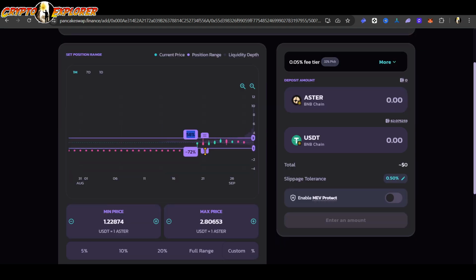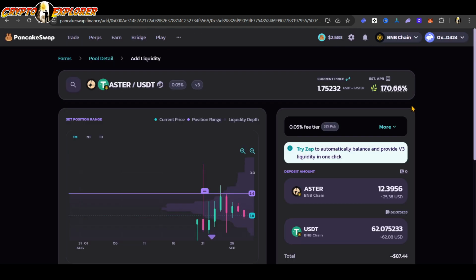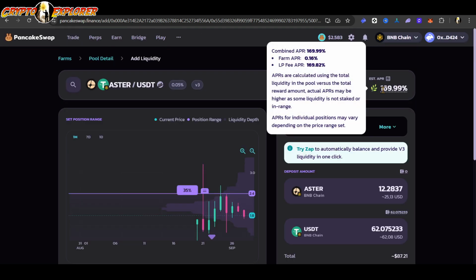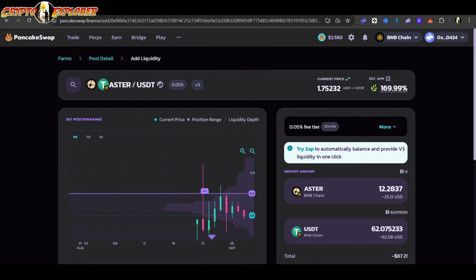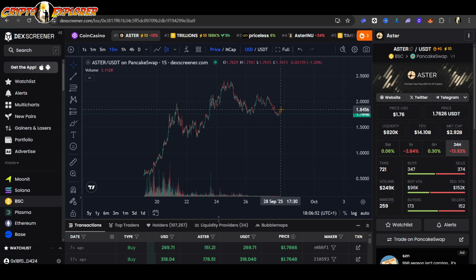On the downside, we just select here 63, it's good enough. And on the upside, we're gonna set up 35, something like this. So in this case, it would generate an APR on average at around 170%, which for the type of range we are looking at, it's not all that bad. Actually, it's very, very good for such a wide range.